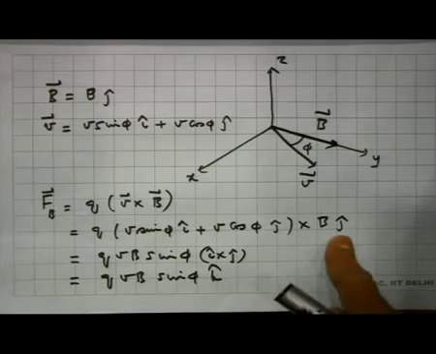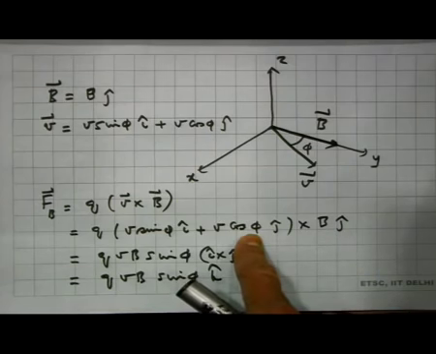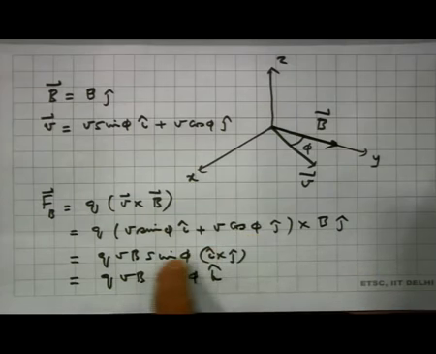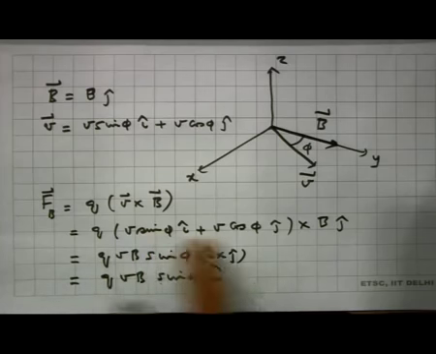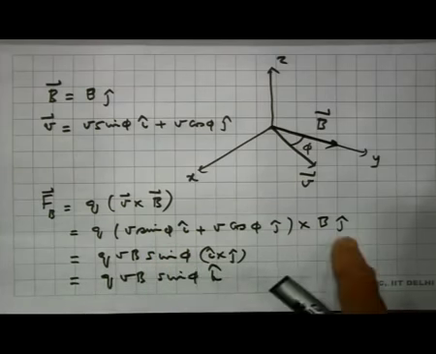J cross j is 0, so this component does not contribute to the force. The only component that contributes to the force is the component along i cap. So Q V B sin phi, i cap cross j cap, which is k cap.